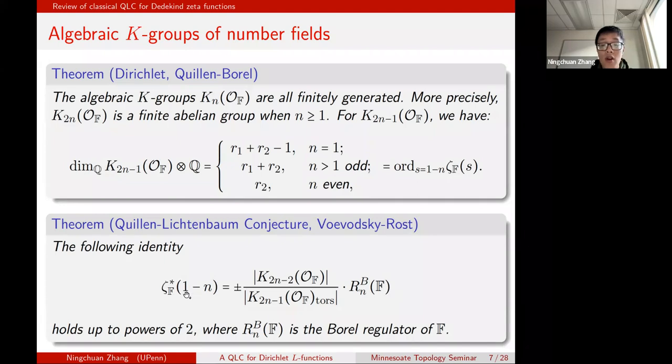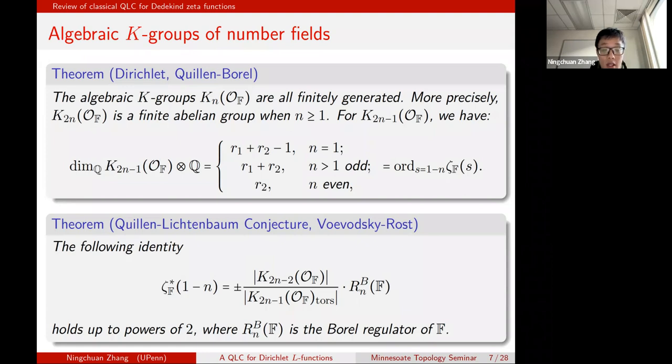Because this number, after all, is related to the value of zeta_F at a positive integer n, and for those positive values, of course, it's going to be a positive number. So you can use the functional equation to determine what this plus or minus sign is. So those two theorems are vast generalizations of the Dirichlet-Dedekind theorem and the class number formula, respectively.